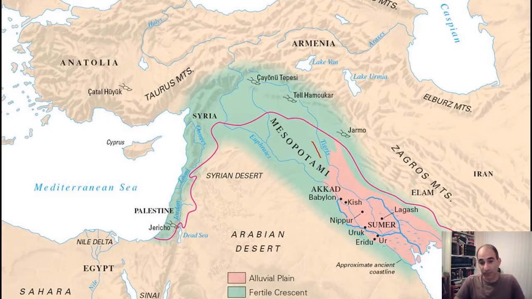So that's a problem. Another issue with the geography in the area is there aren't many mountains around the region. There are these Zagros mountains, but it's relatively open, and so it's fertile land, open, which means you're going to have a lot of people trying to invade you. So the reality is, yes, civilization in the Middle East starts here in Mesopotamia, and here again is this little city of Ur that I mentioned where the ziggurat was.